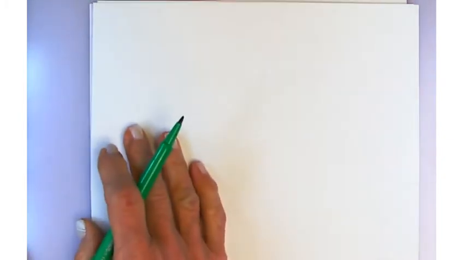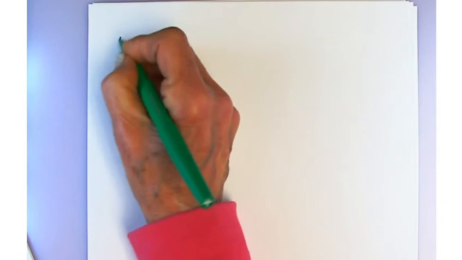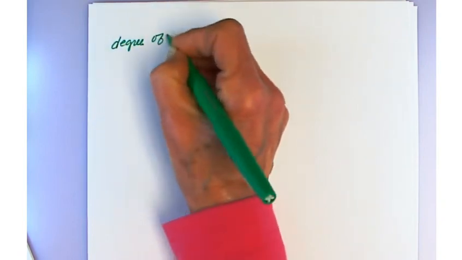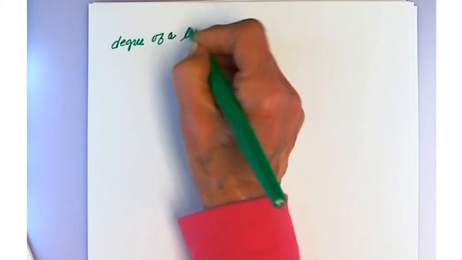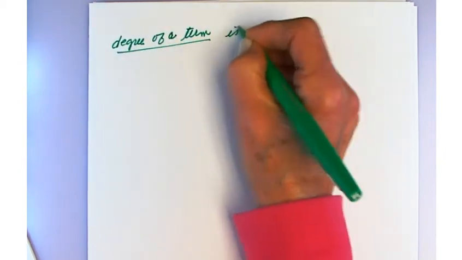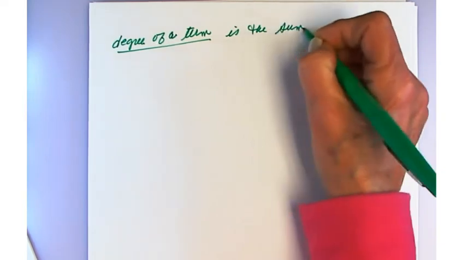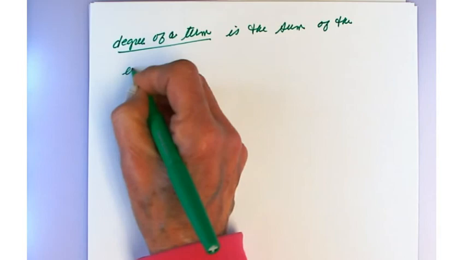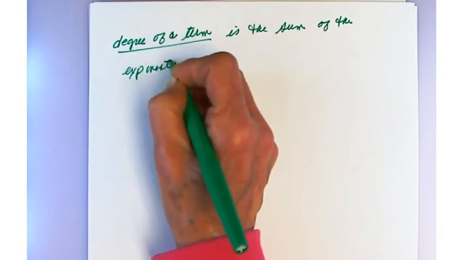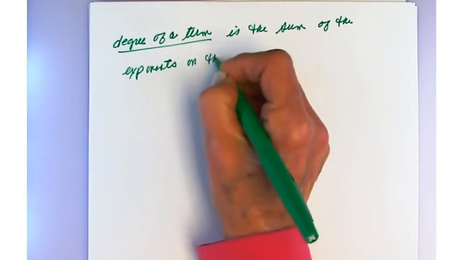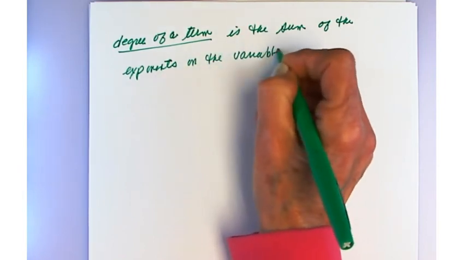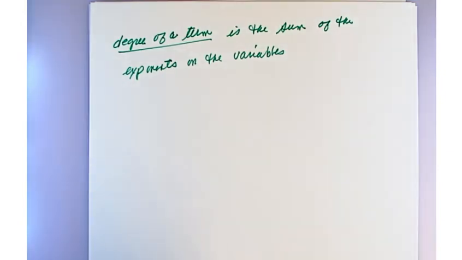Now, a little bit of just vocabulary here is that we're looking at the degree of a term. The degree of a term is the sum of the exponents on the variables. Okay, so if we have one term and the question says to find the degree on it, let me see if they have one like that.